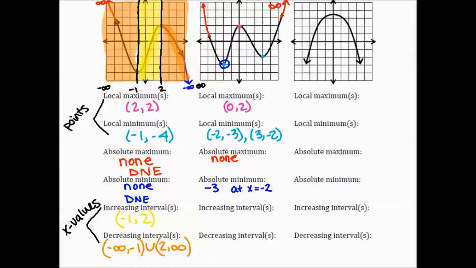Let's shade where it's increasing and decreasing. So if I start on the left, this section of the graph is decreasing, so I'm going to shade that orange. Then the next section of the graph is increasing, so I'm going to shade that yellow. The next section is decreasing.